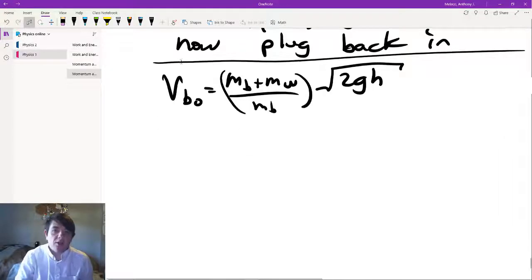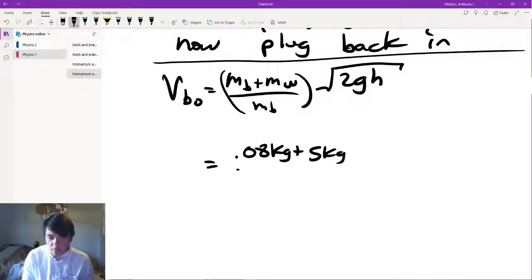And now we can plug in the numbers and make everything work numerically. So 0.08 kilograms plus 5 kilograms over 0.08.